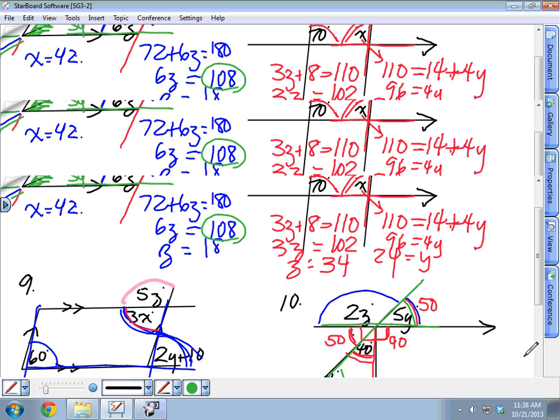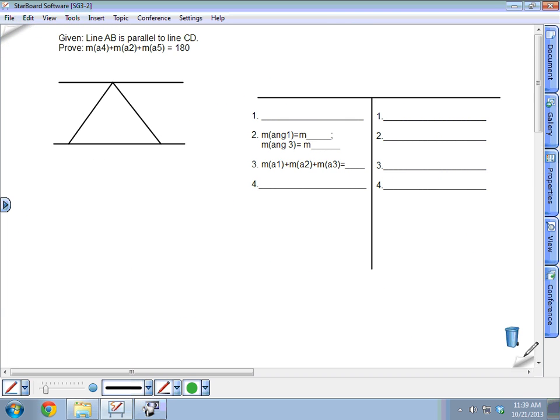Okay. Now let's talk about the proof. Given line AB, I haven't put these things on here yet, but let's talk about where we got things. So here's A, and here's B, this angle right here, and we have 1, 2, 3, and 4, 5, and C, D. And we've been given that AB is parallel to CD.